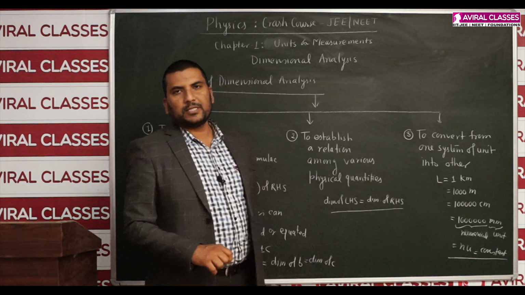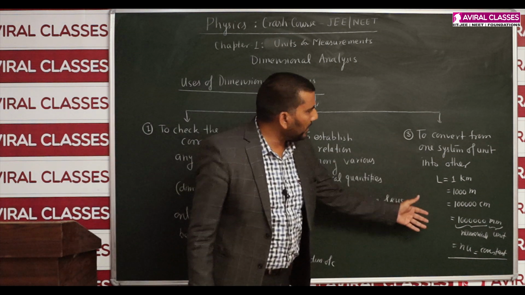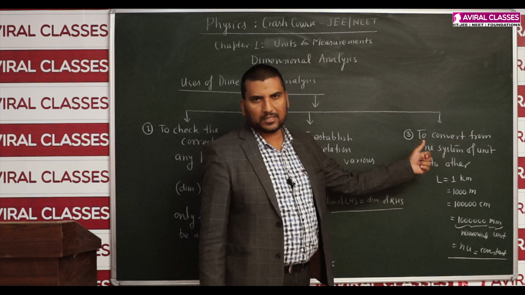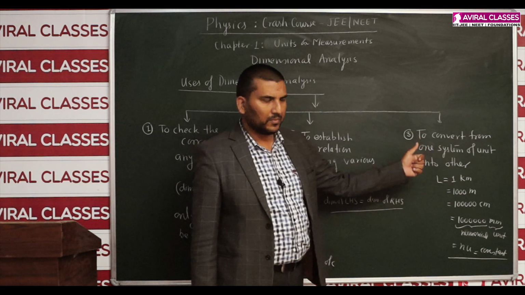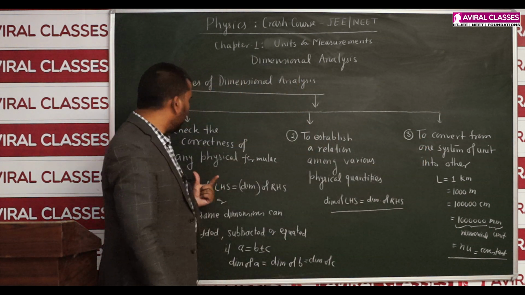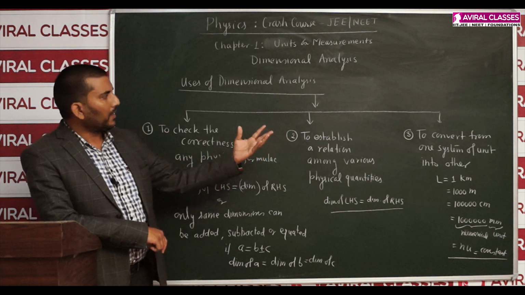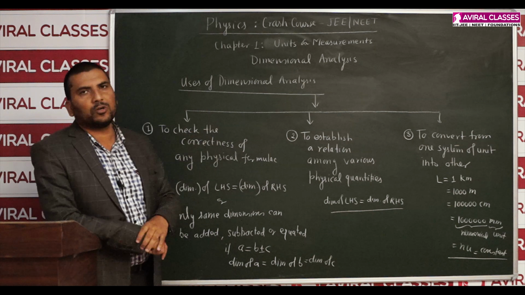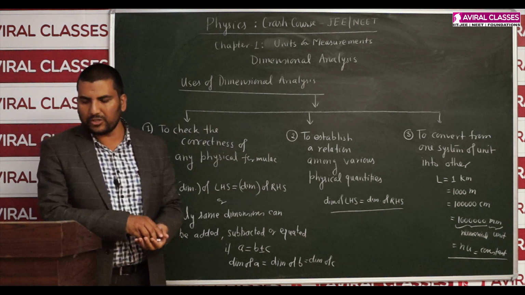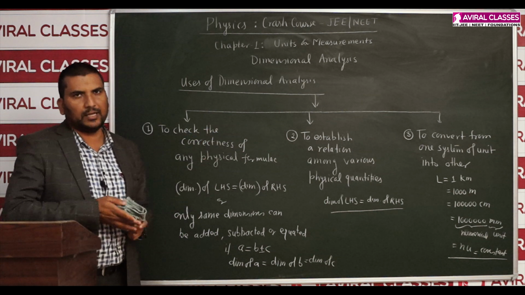And this will help us to solve questions based on conversion from one system of unit into another. Now I pick a few questions based on all these three, and then you will be more confident to tackle questions based on dimensional analysis.